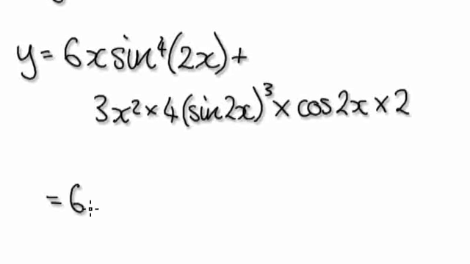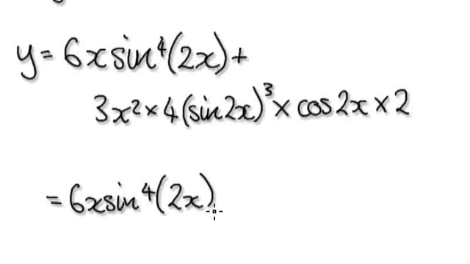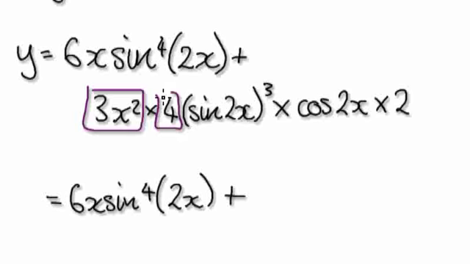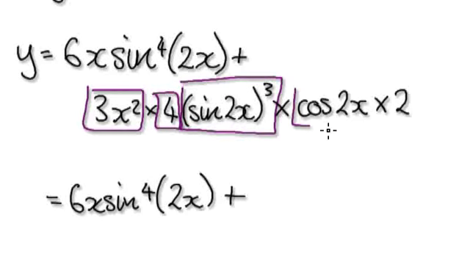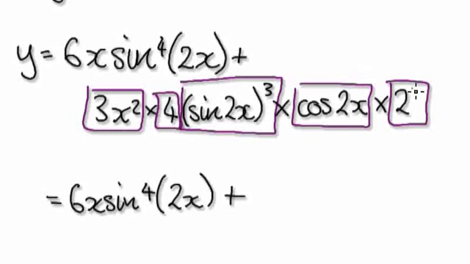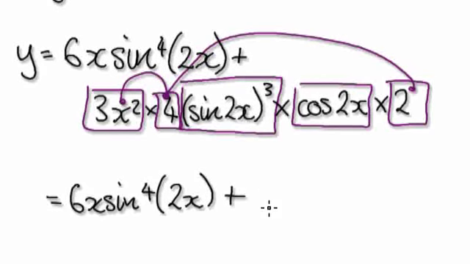So this would be 6x sine 4 of 2x, and then plus, and tidy this bit up. Here you've got one block multiplying with another block, all multiplying with each other. So I'm going to merge this block and this block together.